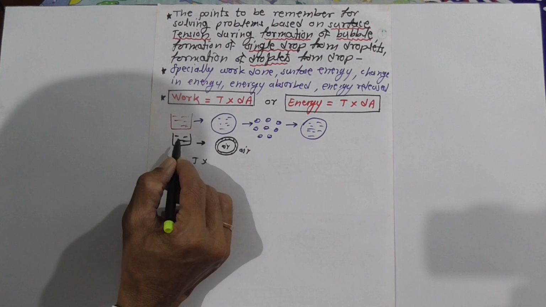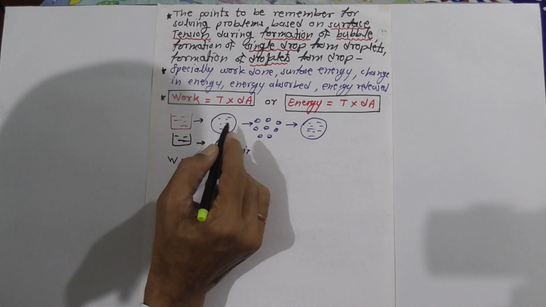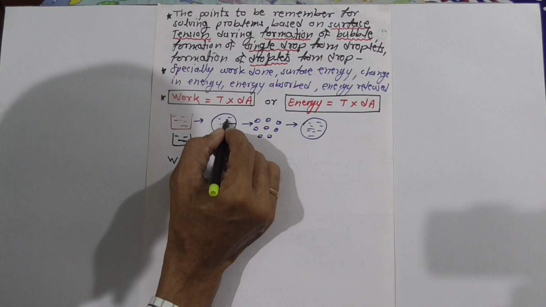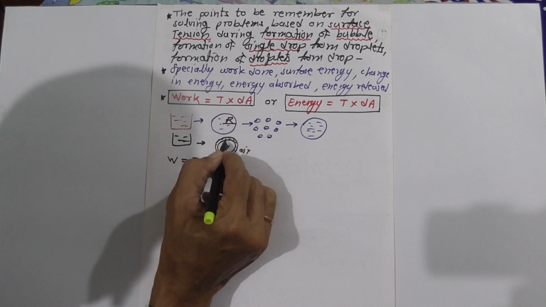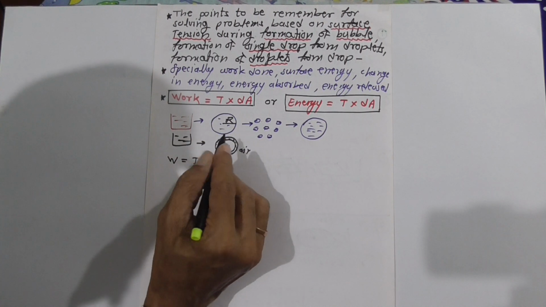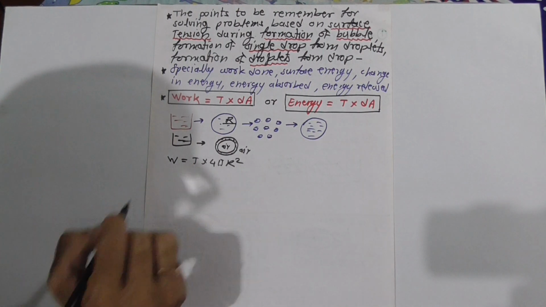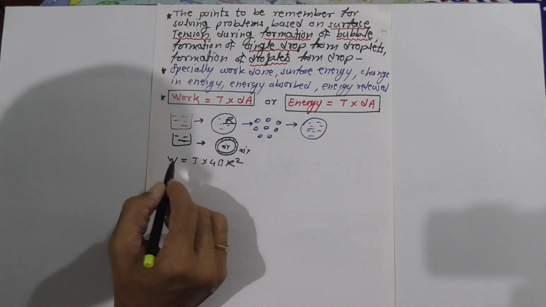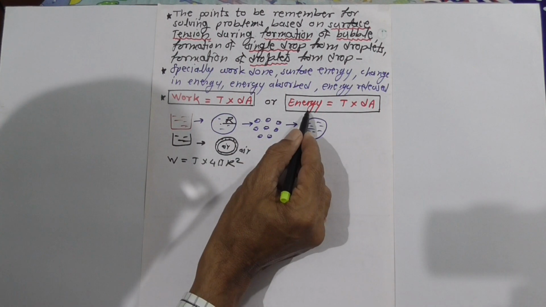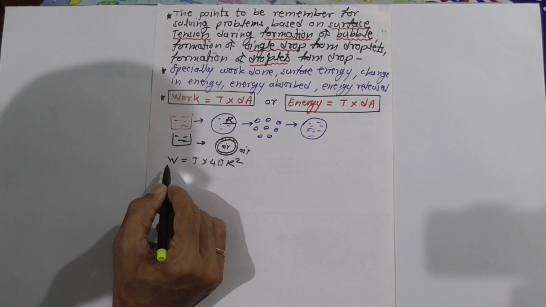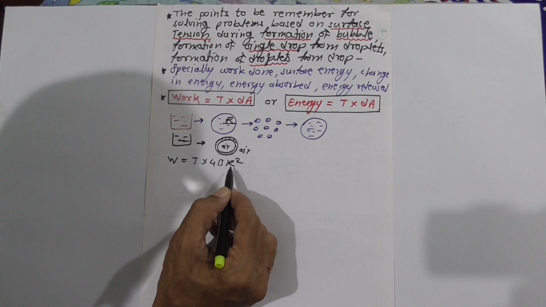Its initial area is 0. Now it possesses a certain area. Its radius is capital R. Its surface area, the surface area of the sphere, is 4 pi R square. The same will be the amount of energy required here, and the same is the amount of surface energy. Surface energy E equal to T into 4 pi R square.